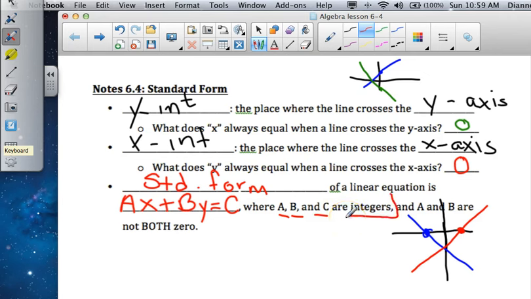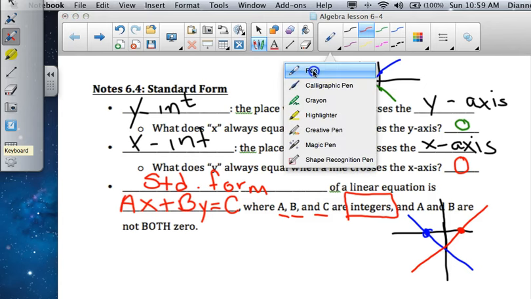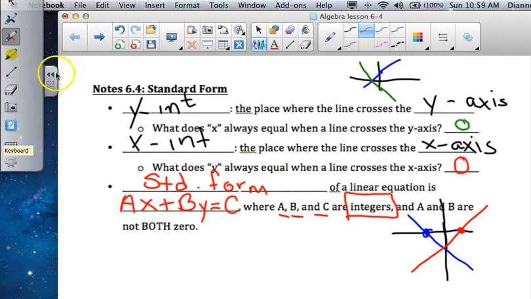Think, what does an integer mean? Positive and negative whole number. So no fractions or decimals when we write in standard form. And a and b cannot both be 0. So let's go to the next page.